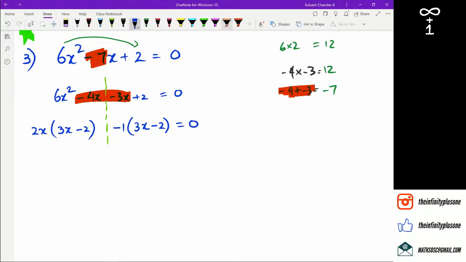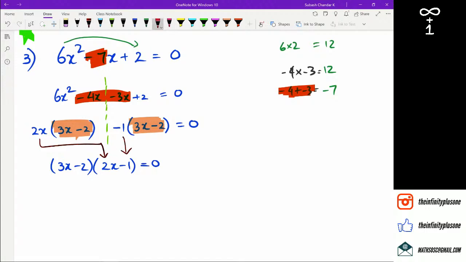Because we've got 3x minus 2 as a common factor, there's one factor there, and the other one is right there. So we separate this out and get 3x minus 2 multiplied by 2x minus 1 equals 0. The 2x is from there, and the minus 1 is from there. And just to recap, the 3x minus 2 comes here because it's a common factor.